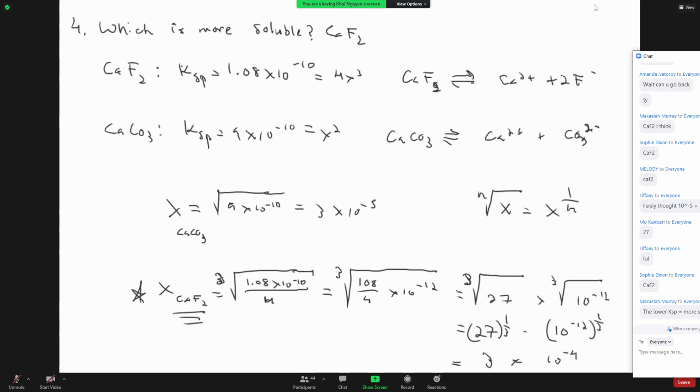Lower KSP means less soluble, right? Look, this number is smaller than this number. Think about it. 10 to the negative 4 is 0.0001. 10 to the negative 5 is 0.00001. Which number is larger?